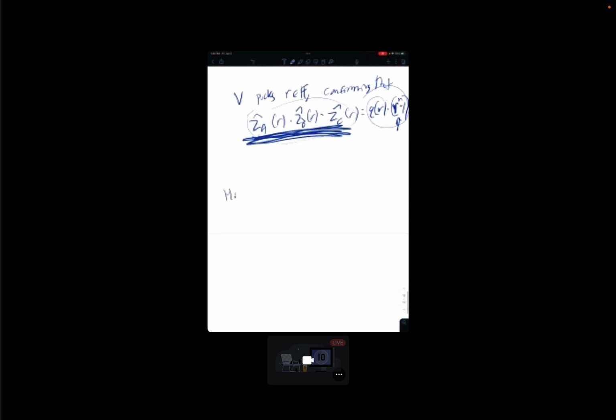How does V check that ZA hat of h equals the hth entry of AZ for all h in capital H?